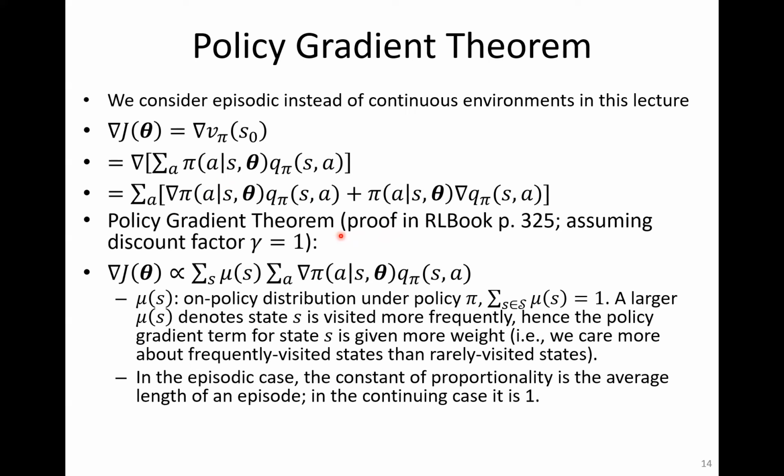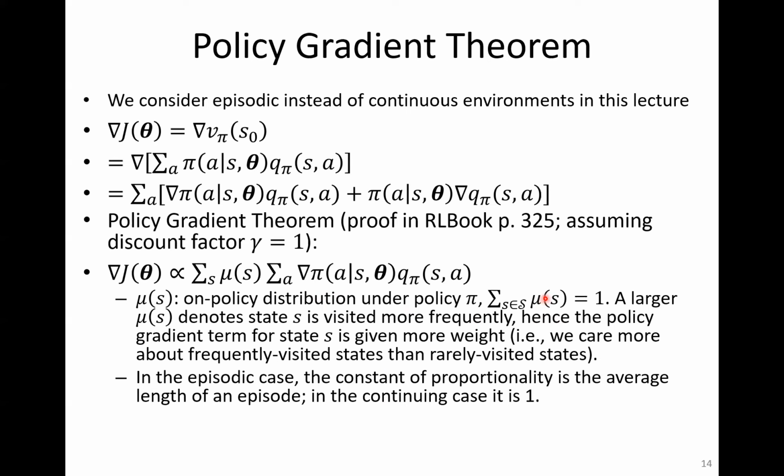The policy gradient theorem, assuming discount factor gamma equal to 1, says that this derivative is equal to this term. The mu s is the on-policy distribution under policy pi, and for all the states it sums to 1. It's a probability distribution.